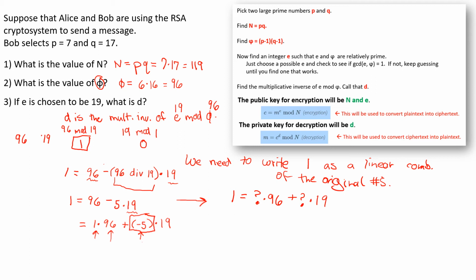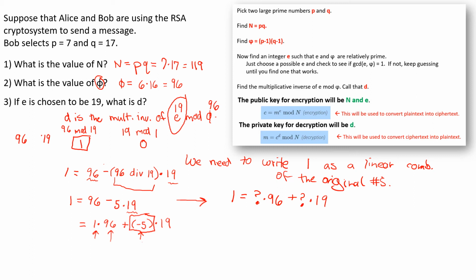Well, the one that's in front of E, not phi, but the one that's in front of E is our S that we want to use. So look back up here at the top. We said that E is 19.